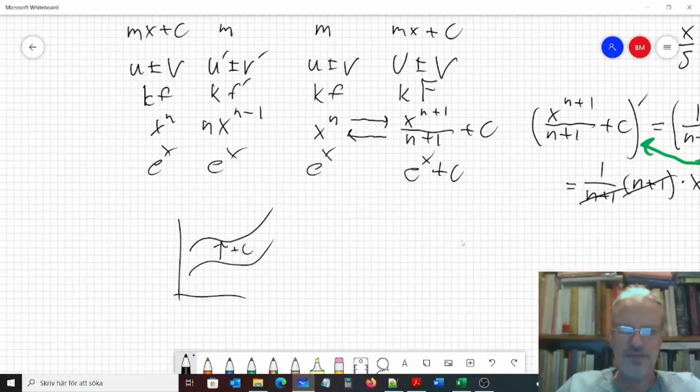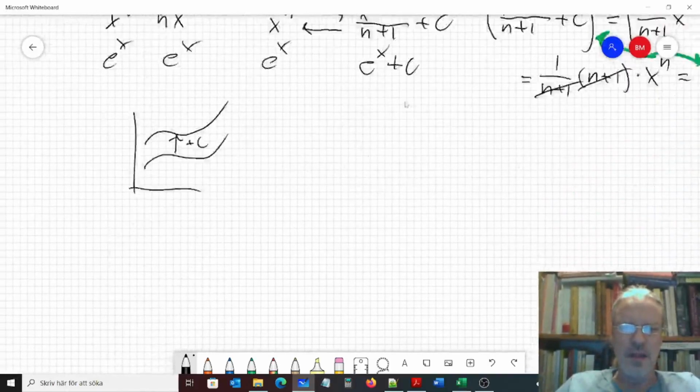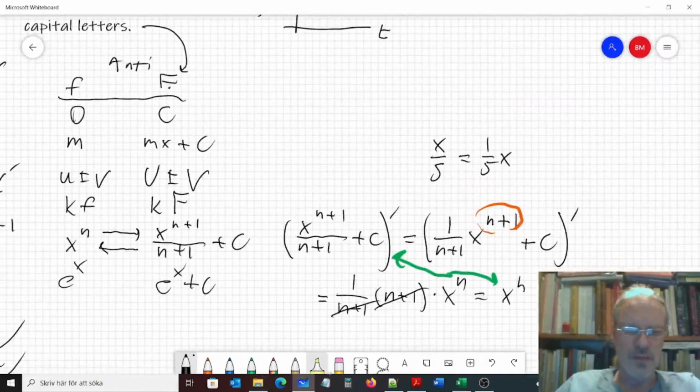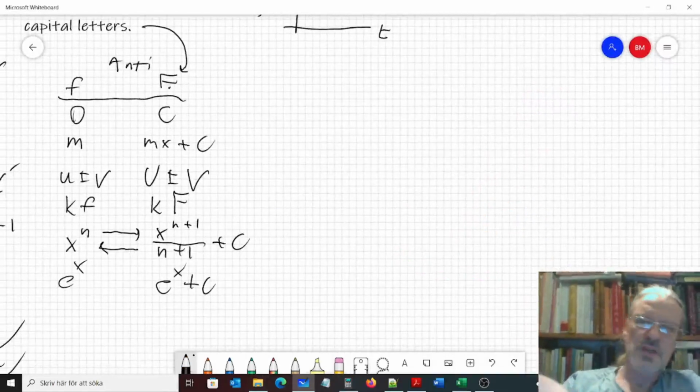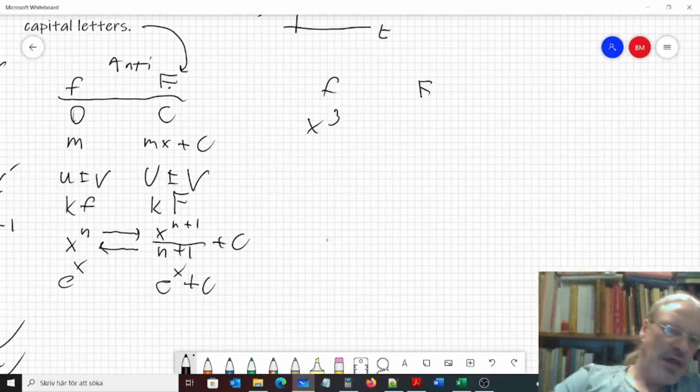So let us find a few antiderivatives using these rules. Okay, so maybe I should move it over here and we can erase all of this. So we have f and capital F, and let's say we start with x to the power of 3, and we can name these rules.